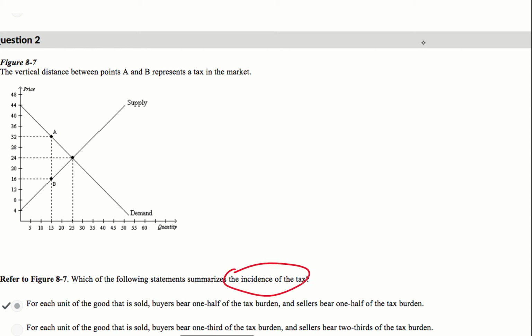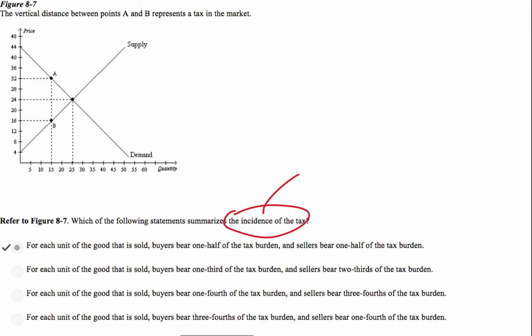Okay, and the next, which of the following statements summarizes the incidence of tax? So incidence of tax, if you go through the definition, is just how much tax each party pays. So how much tax does the buyer pay? How much tax does the seller pay? A says for each unit of good that is sold, the buyer bears 1/2 of the tax burden, the seller bears 1/2 of the tax burden.